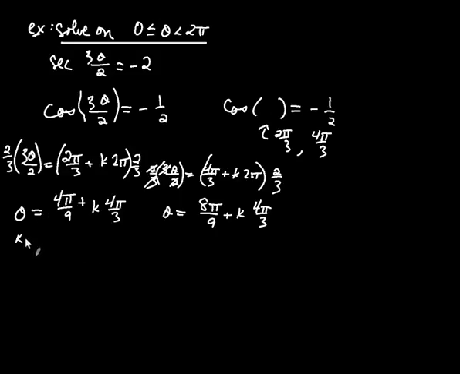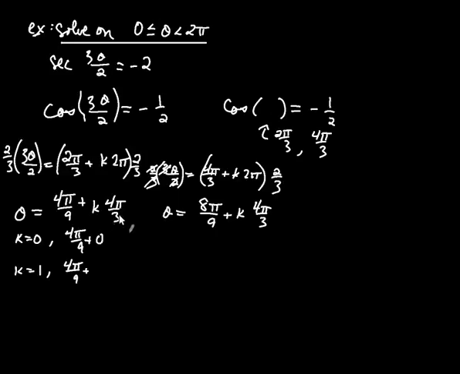So let's try k is equal to 0. And if k is 0, what do we get? Well, we get 4 pi over 9 plus, well, actually k is 0, so that's just 0. So that's one solution, 4 pi over 9, because 4 pi over 9 lies between 0 and 2 pi. Okay, let's try another one. How about when k is 1? We're going to have the 4 pi over 9 again, plus 1 times 4 pi over 3.